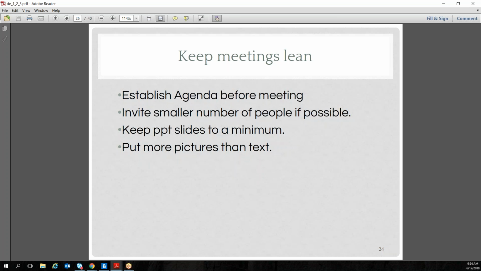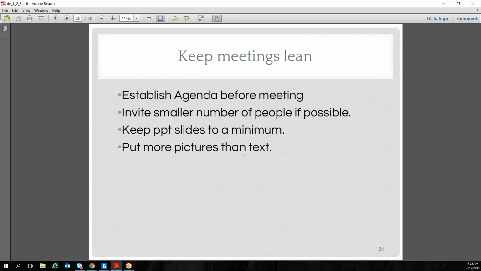Third thing is whenever you are having meetings in the office. When you give a presentation in college, what do you do first? What's the first slide in your presentation?